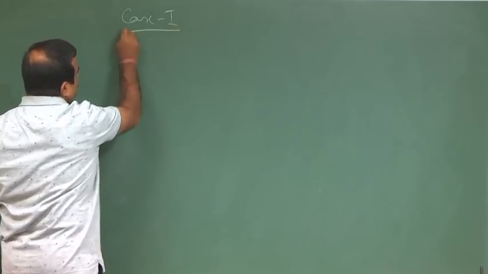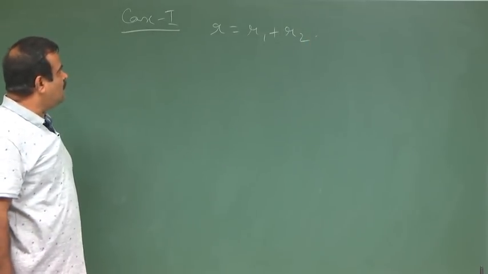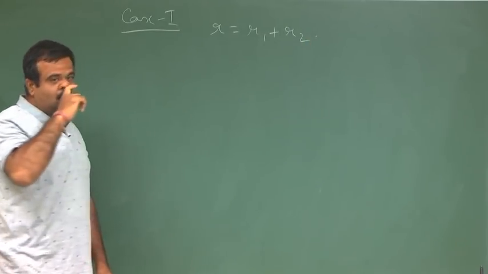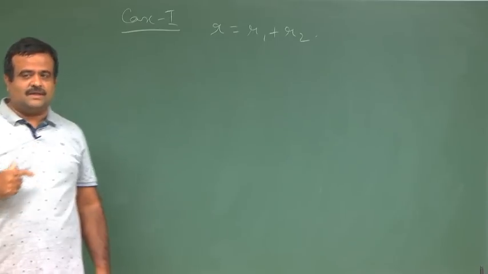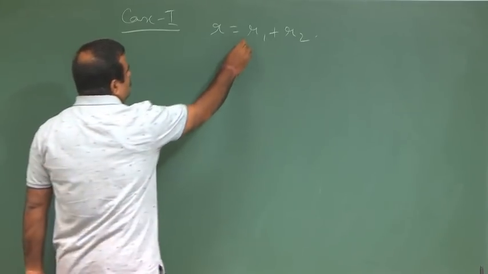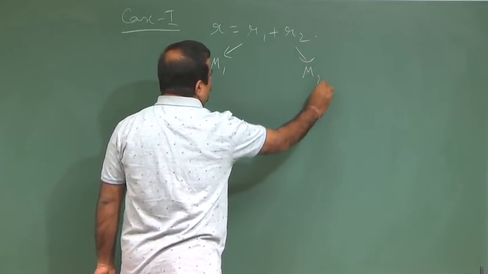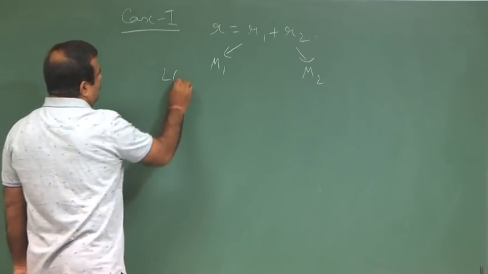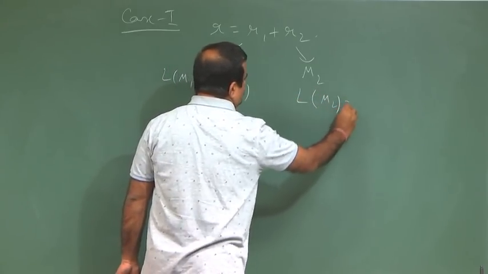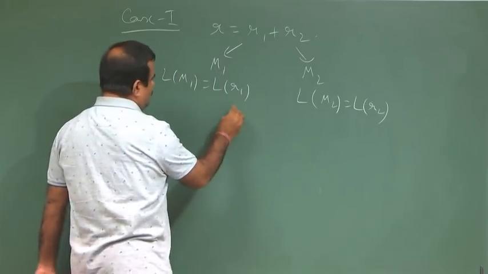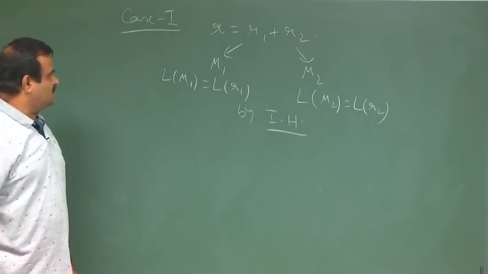Case 1 is R is R 1 plus R 2. Now, in R 1 plus R 2 the number of operators in R 1 and R 2 are both less than I. So, using the induction hypothesis, our assumption, we have an ε-NFA M 1 and we have an ε-NFA M 2 such that L of M 1 is L of R 1 and L of M 2 is L of R 2, by the induction hypothesis or the induction assumption.